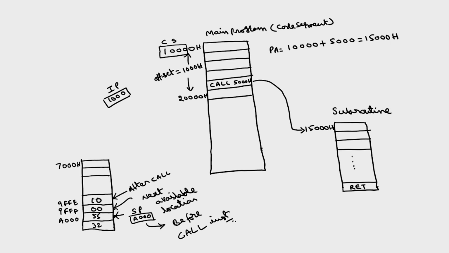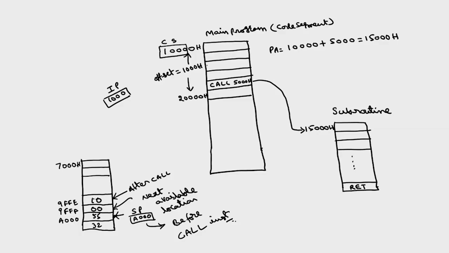The contents of the instruction pointer will be pushed onto the stack and the stack pointer will be decremented by 2. So, inside this call instruction the operation will be: instruction pointer high, this is 10, this is 00, last in first out.